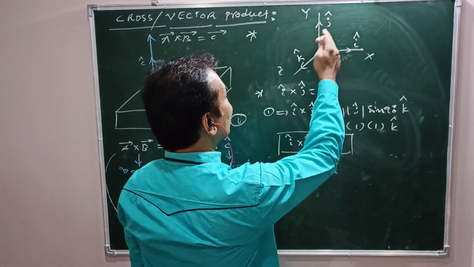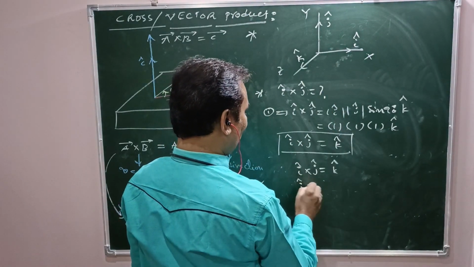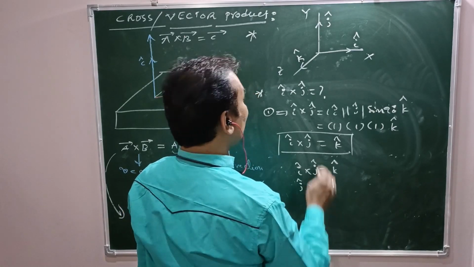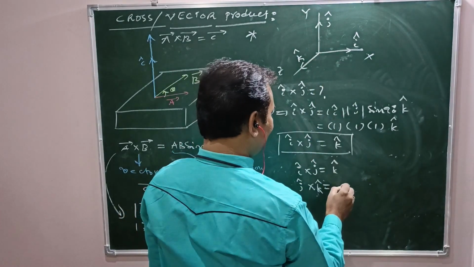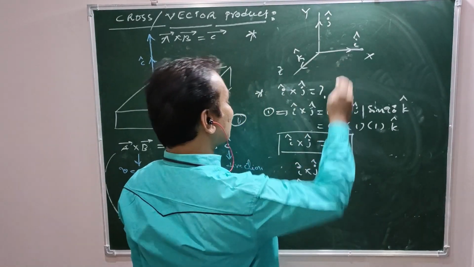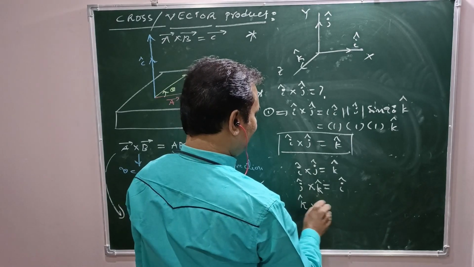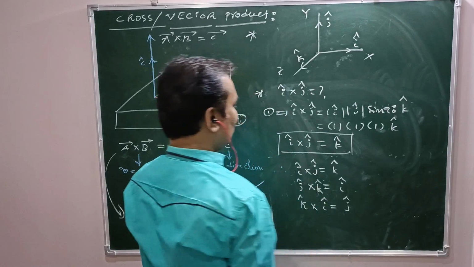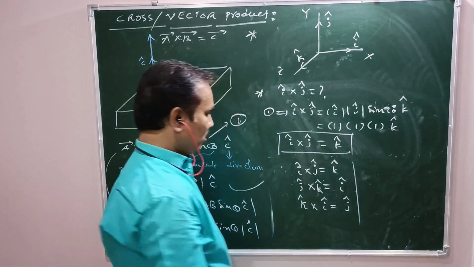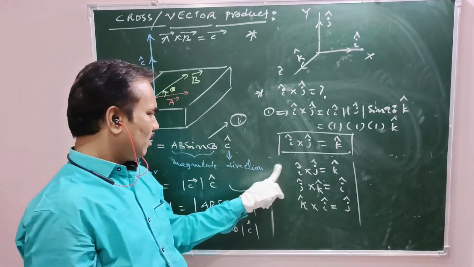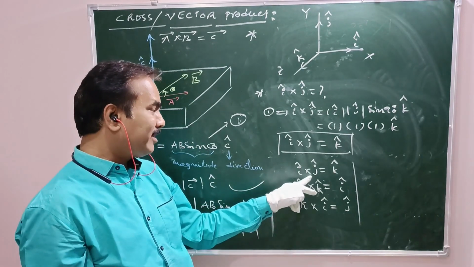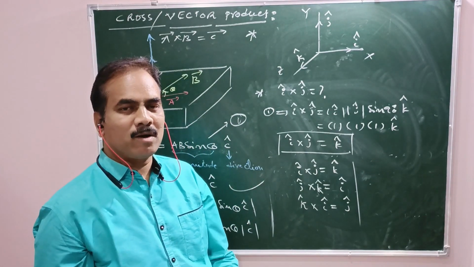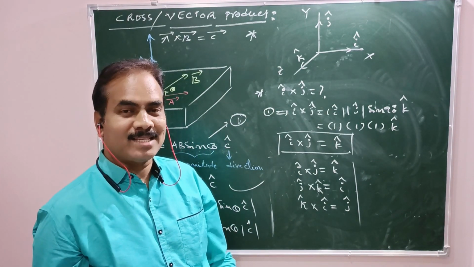Similarly, I cross J equals K, J cross K equals I, K cross I equals J. Similarly, I cross J equals K, J cross I means minus K. Why? Because the cross product does not obey the commutative law, but it is anti-commutative.